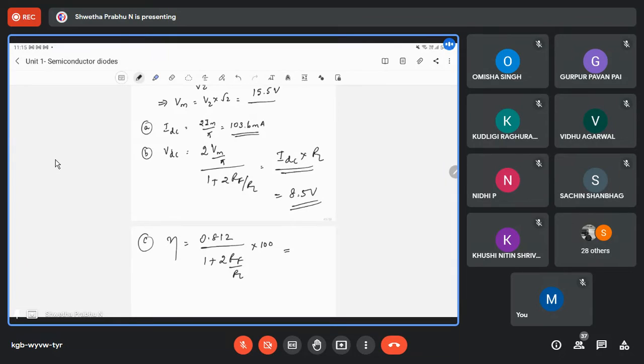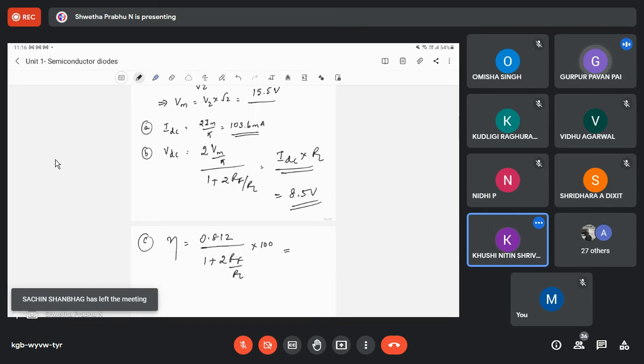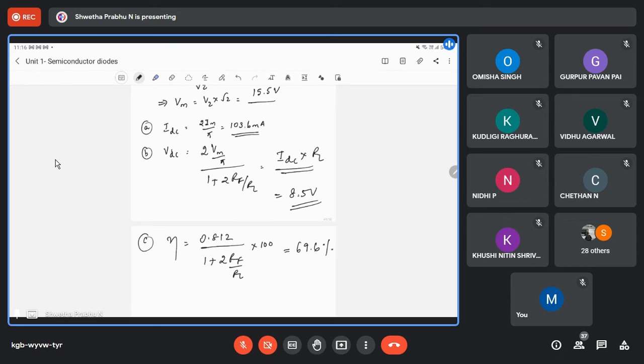Keep the value in percentage, so multiply by 100. How much? 69.8, 69.5, 69.6%.